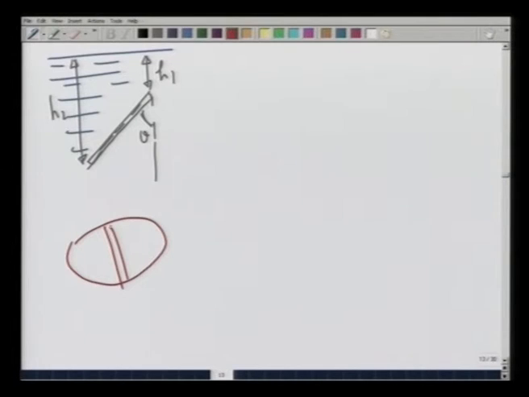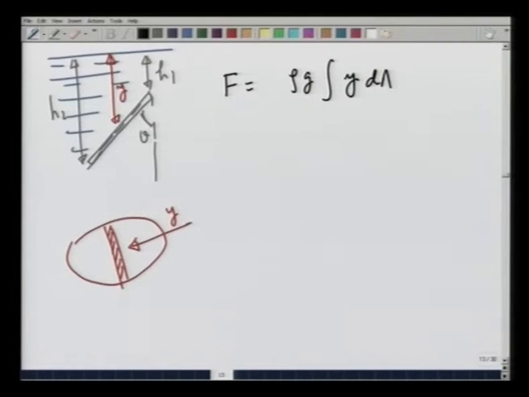This is the area that we took at depth y from the top. This is depth y. So, the net force F is going to be equal to the integral of rho g y dA, where dA could be a function of y, because the shape of the plate or sheet could change according to how deep you are from the water.